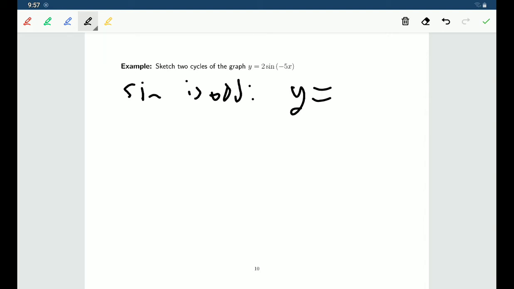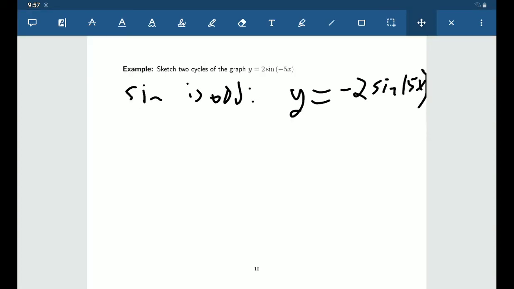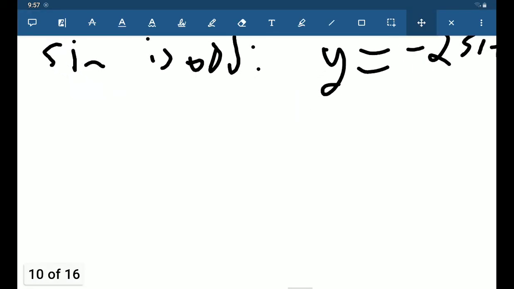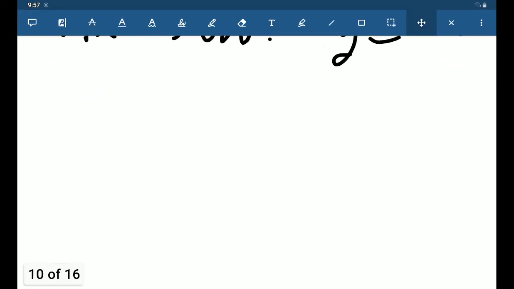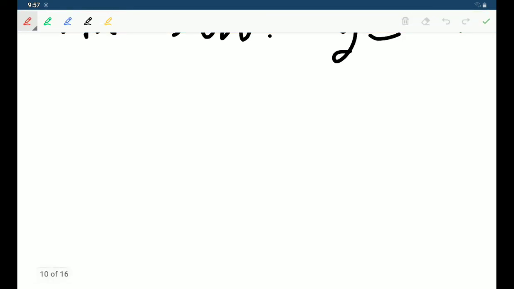So in other words, that negative can just come on outside. We have negative 2 times sine of 5x. Okay, so I'm going to just zoom in a little bit to give me some more room to write here. Now that we have that ready, we know that we're working with the function y equals negative 2 sine 5x.